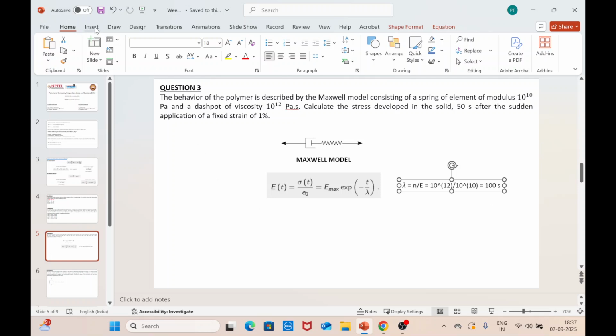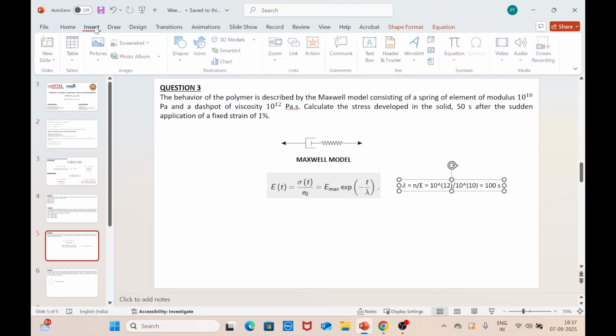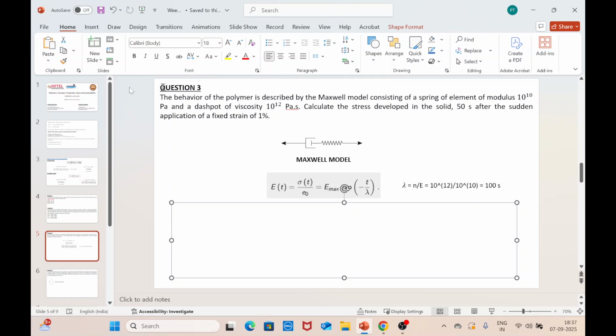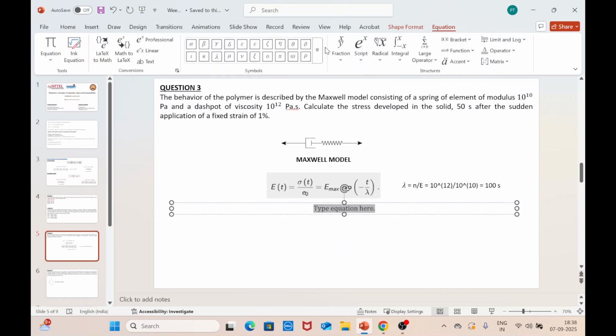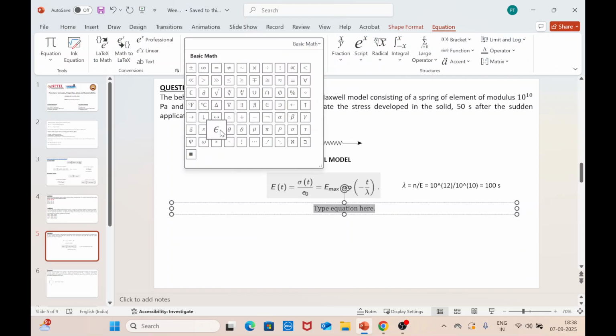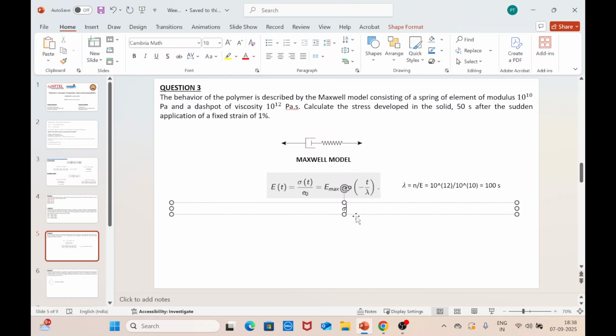So since we now know the value of lambda, can we just write the stress that gets developed in the material after 50 seconds of applying a fixed strain of 1% as E_Maxwell, the modulus of elasticity, 10 to the power 10. We are just going to substitute the values in this equation times epsilon naught.